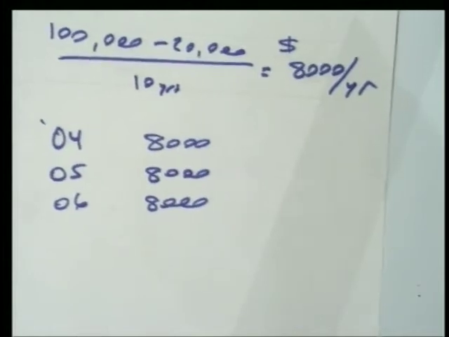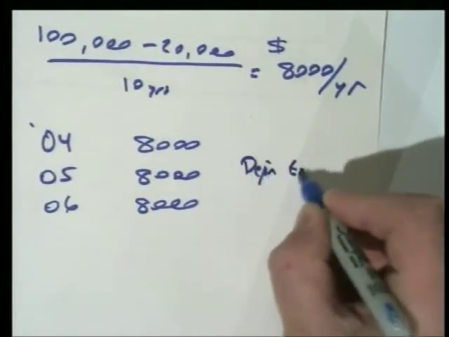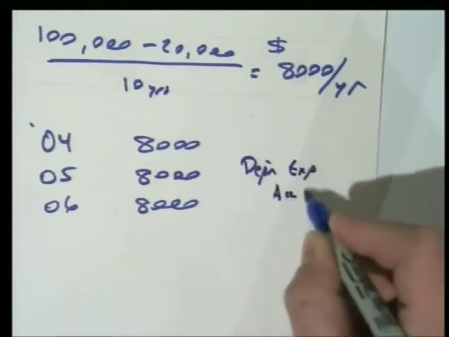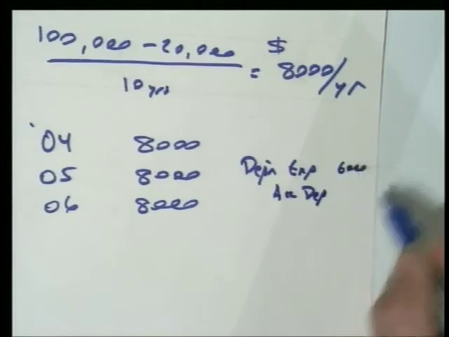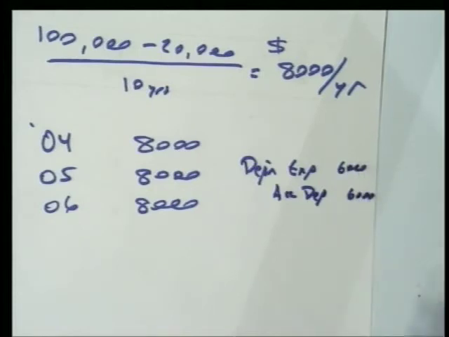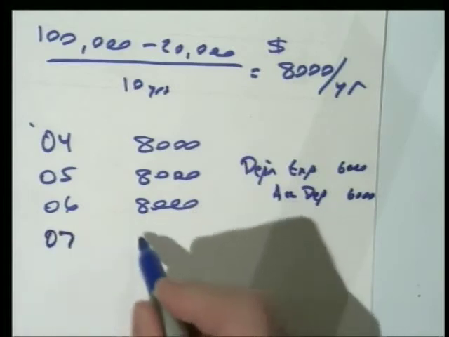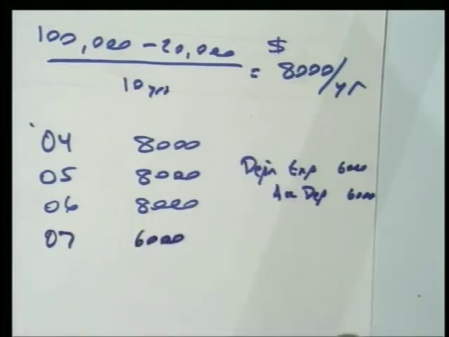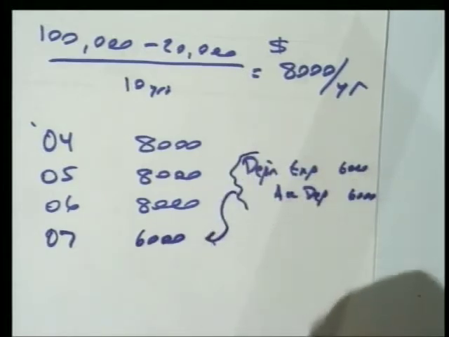6,000, right? So the first thing that you want to do is record a journal entry for 6,000. Okay? And thus in 2007, we now have depreciation of 6,000. Is that correct? And that's the result of doing this entry.